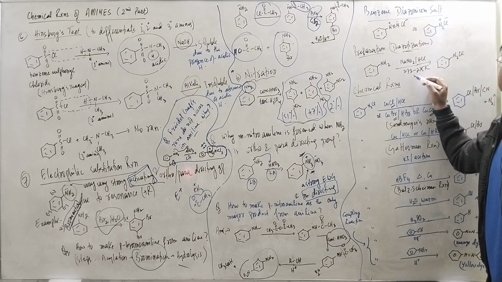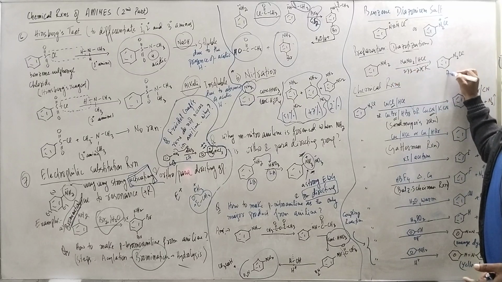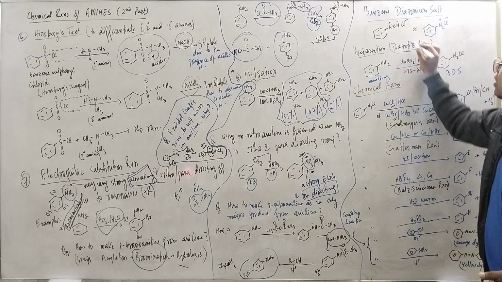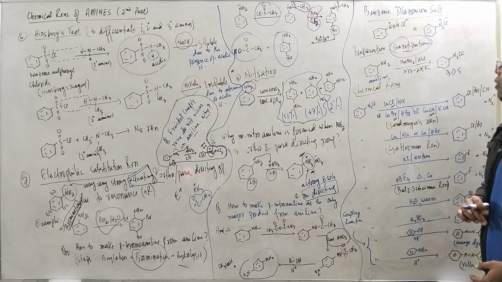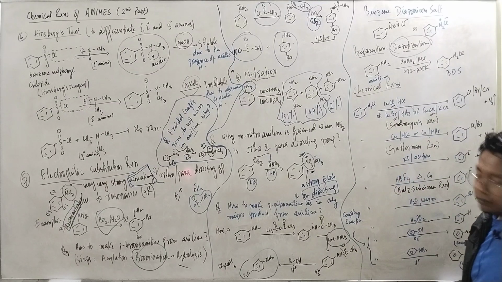This can be 0 to 5 degrees Celsius also. So aniline is converted into benzene diazonium salt, and this reaction is called diazotization.